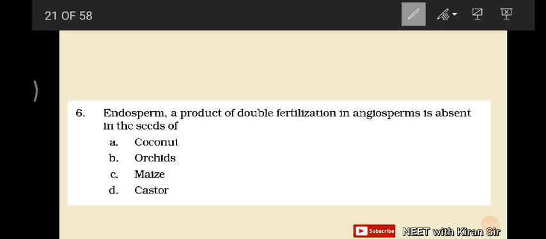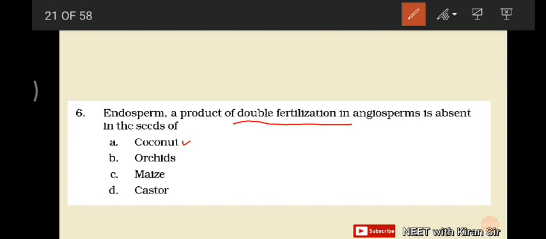Then number 6. Endosperm, a product of double fertilization in angiosperms, is absent in the seeds of which plant? They have given examples where the endosperm should be absent.